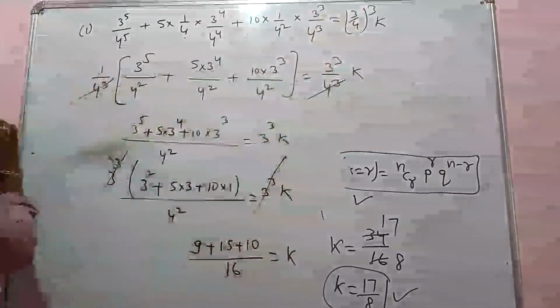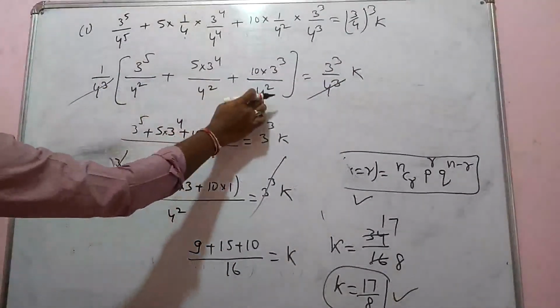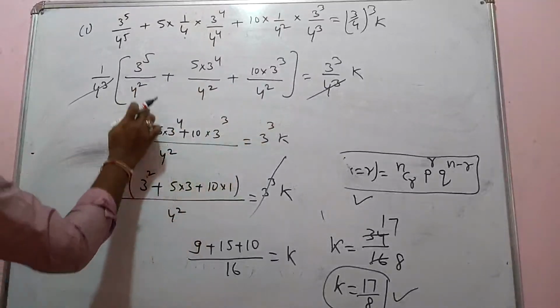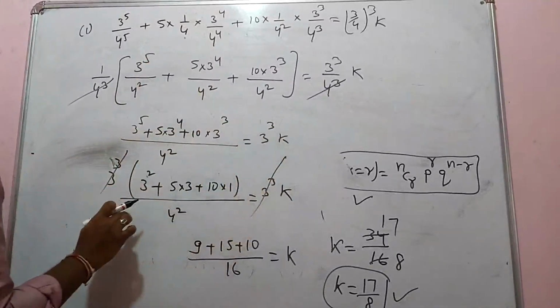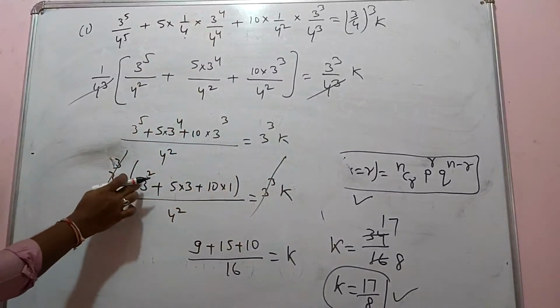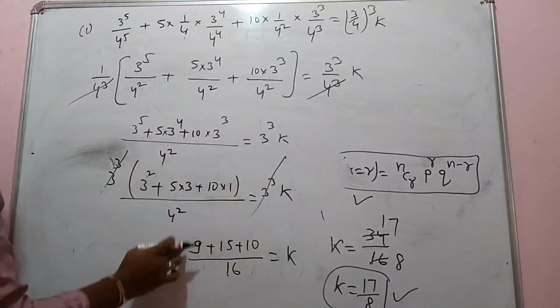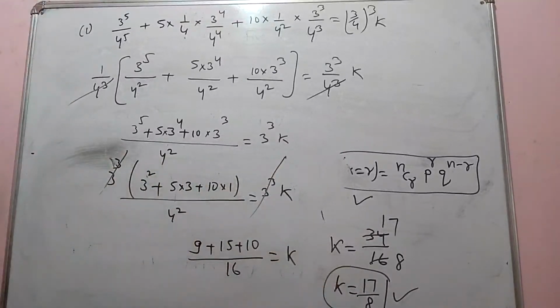And then I took 4 square LCM, and I wrote what is left on the numerator. Here I took 3 cube common, and this cancels out, therefore I simplified and got k value 17 by 8.